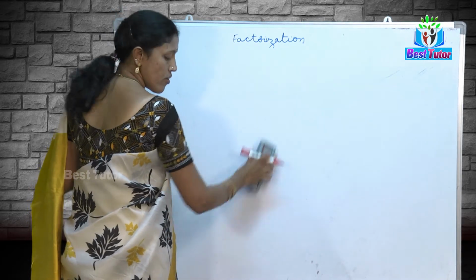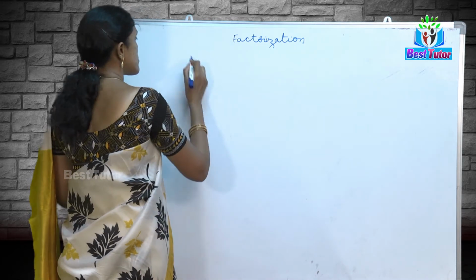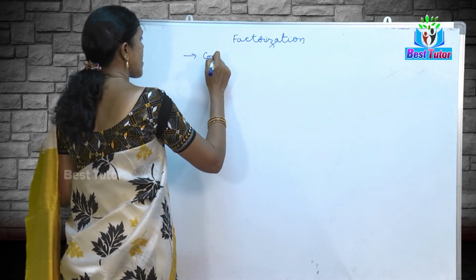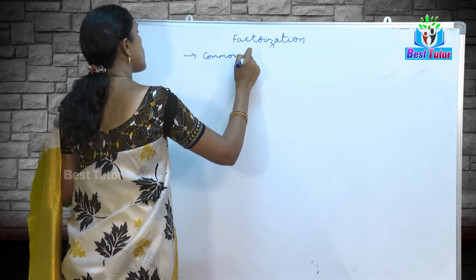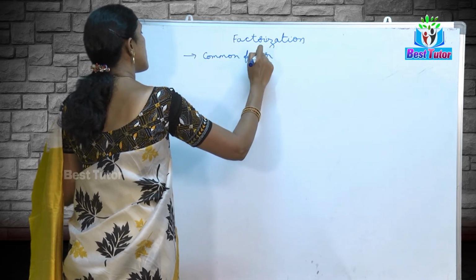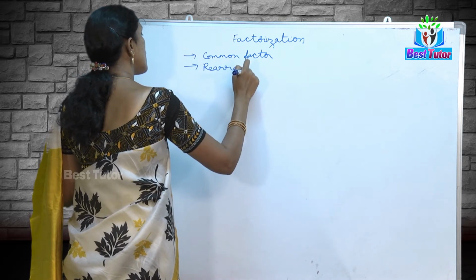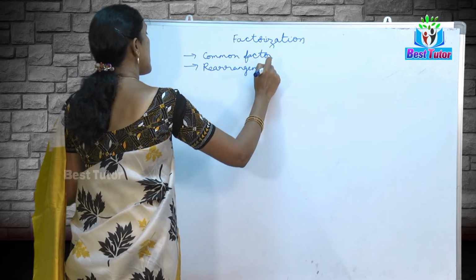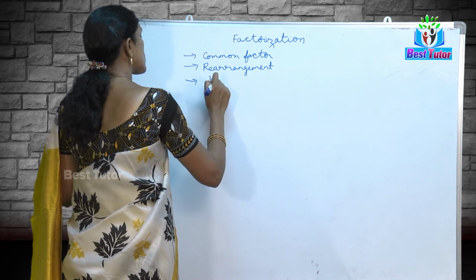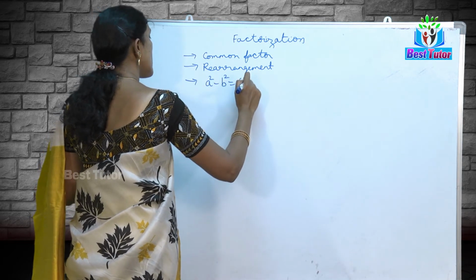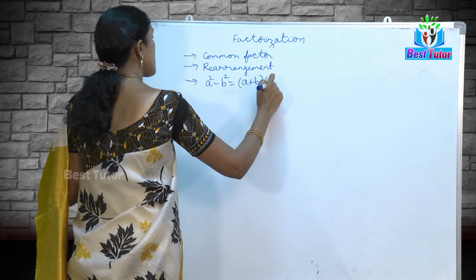Now, in this video, we have learned factorization by taking out common factor, grouping or rearrangement, and difference of squares, that is a square minus b square is equal to a plus b into a minus b.